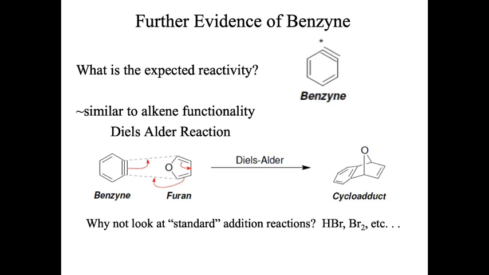If we think back to standard addition reactions, HBr, Br2, all of those worked with alkenes. They don't work with aromatics. They do work with benzynes. Okay? So we can get these kind of bizarre looking reactions if we can generate that benzyne intermediate.